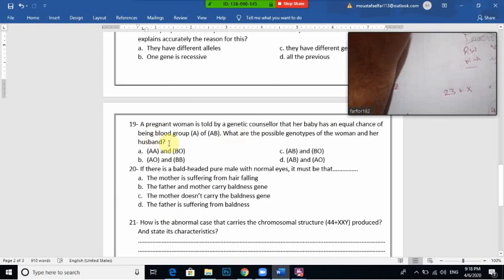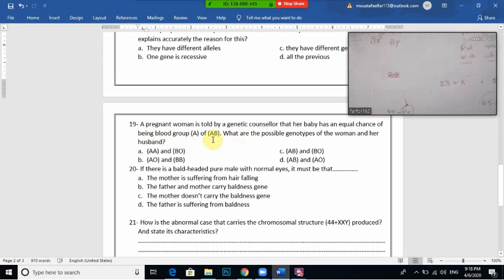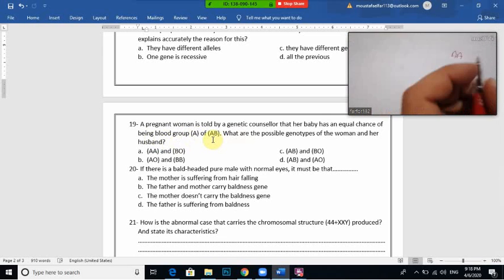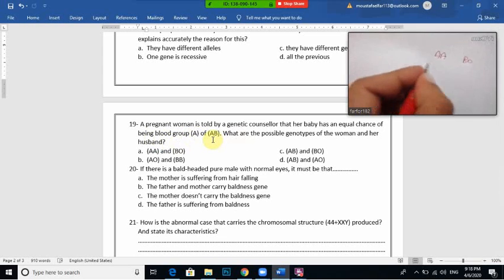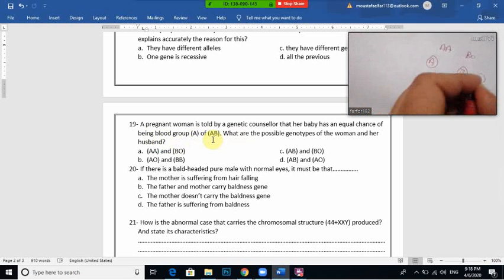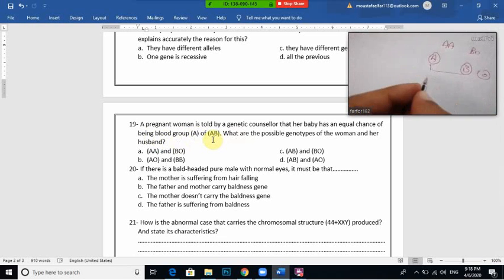In order for a man and woman to have children with an A or AB blood group in an equal ratio, they have to be AA and BO, to produce two gametes, A, B, and O. So after fertilization, the first individual could be AB, and the second one could be AO, which means it's A blood group. So here the ratio is 50% AB and 50% AO. So the answer is A and BO.